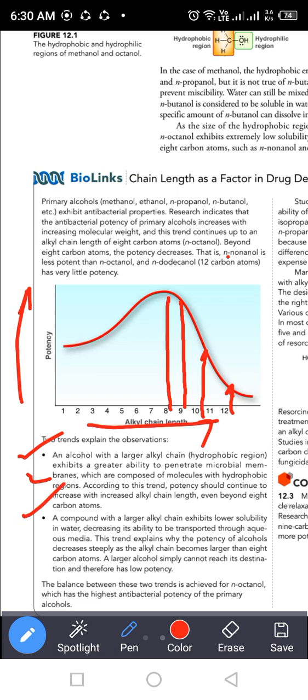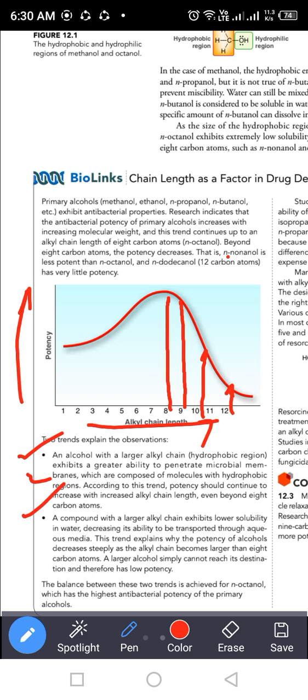The second point is that compounds with a larger alkyl chain exhibit lower solubility in water. We know that when the non-polar, hydrophobic component increases in alcohol, overall alcohol solubility decreases. Methanol and ethanol are more soluble in water as compared to butanol, pentanol, and hexanol.